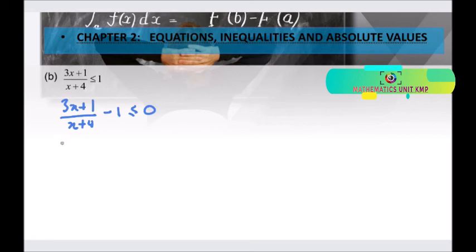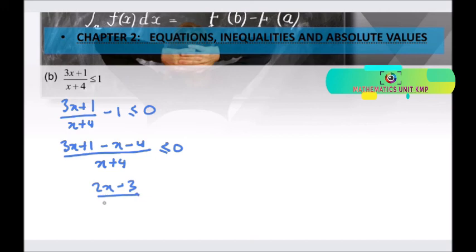So from here we will get 3x plus 1 minus x minus 4 over x plus 4 less than or equal to 0. Simplify the equation, you will get 2x minus 3 over x plus 4 less than or equal to 0.